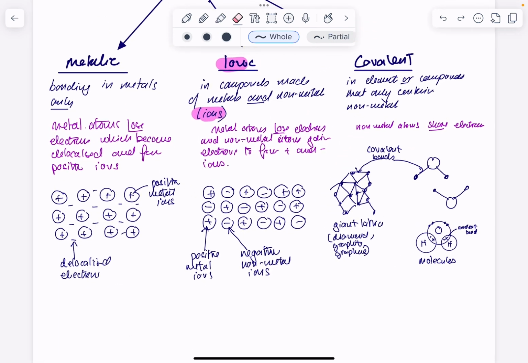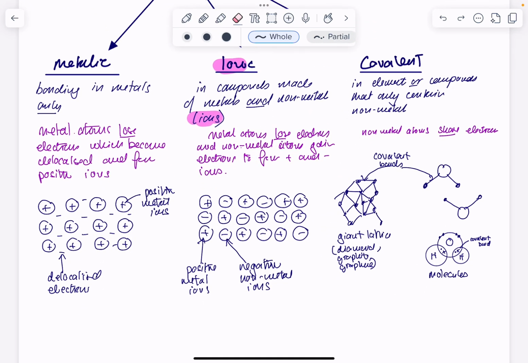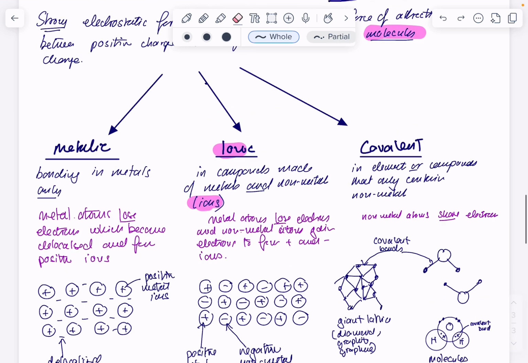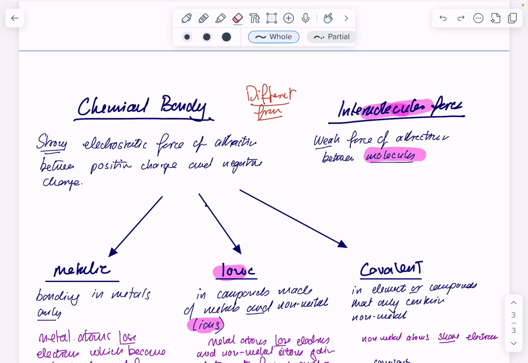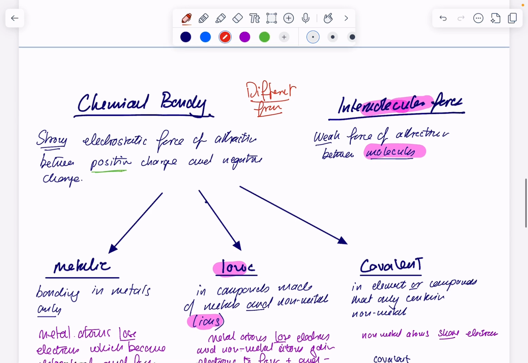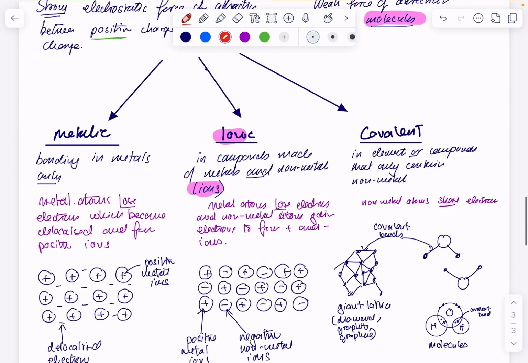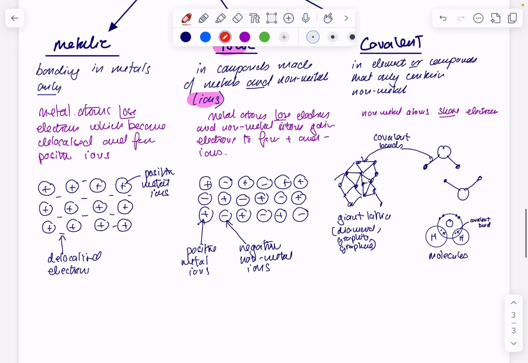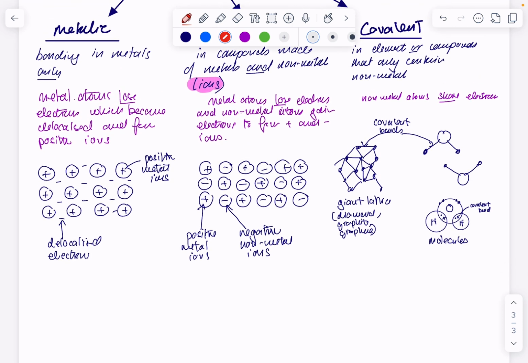All right. So now let's think back to what we were talking about before. What did we say a chemical bond was? We said it is a strong electrostatic force of attraction between a positive charge and a negative charge. So let's see if we can think about what these are in each of these.